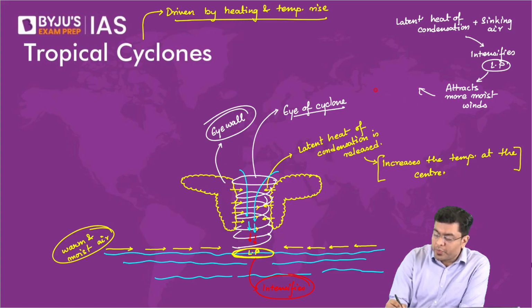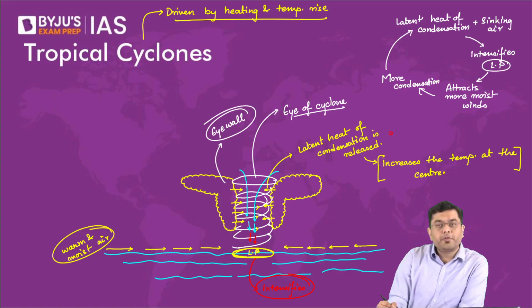When more moist winds are attracted, that means you will have more condensation. When you have more condensation, then what will happen? More release of latent heat of condensation.